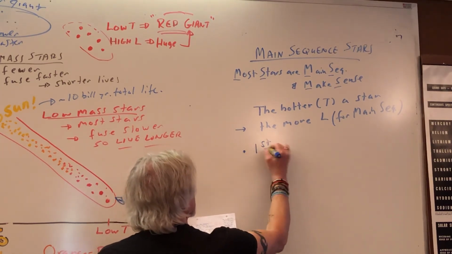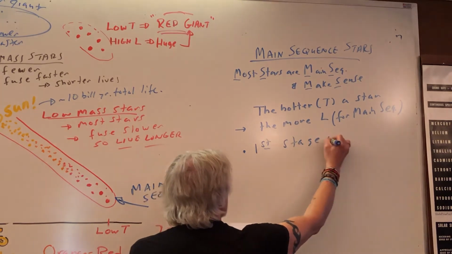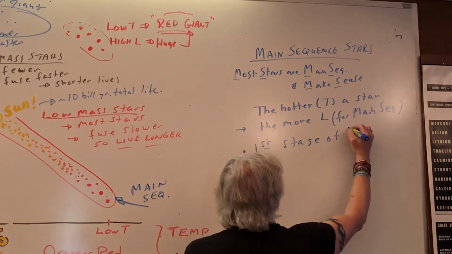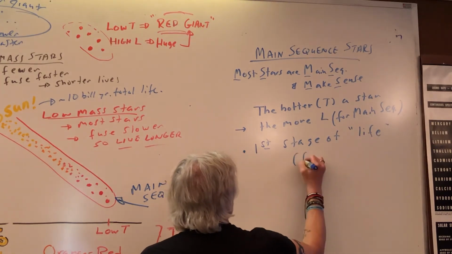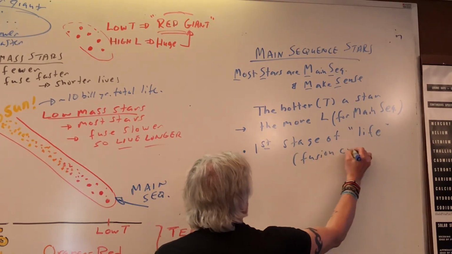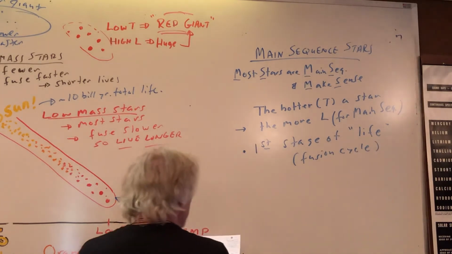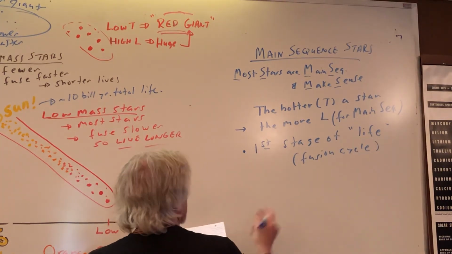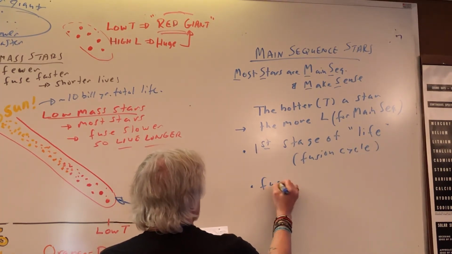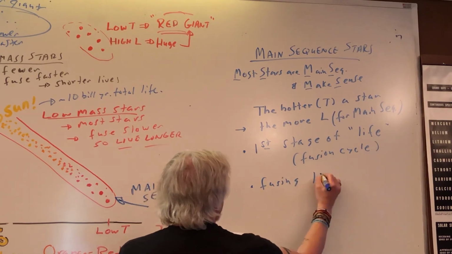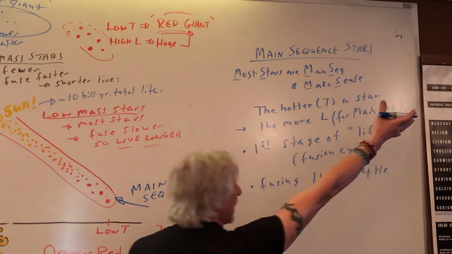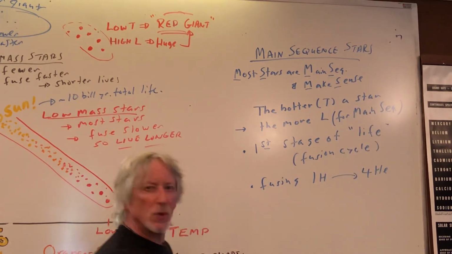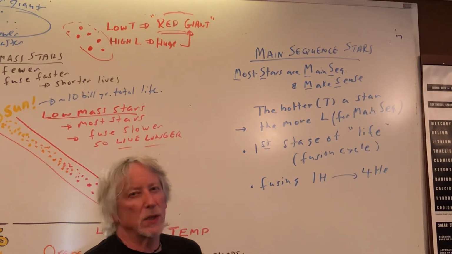It's the first stage, a quick review of life, the first fusion cycle. You know what's happening. Quick review: we're fusing 1 hydrogen to 4 helium, releasing light. No, that's wrong.